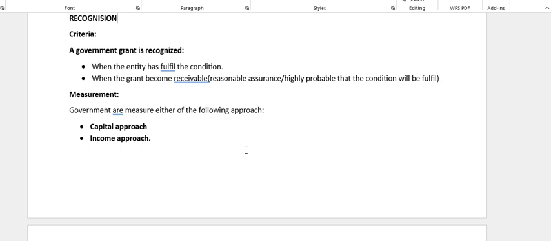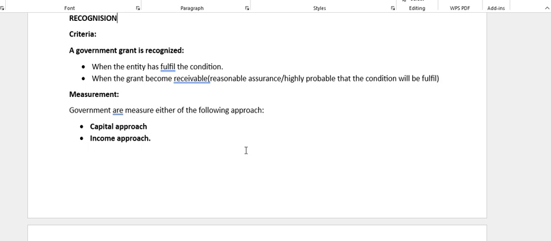Number two, the grant has become receivable. In other words, there is a high probability that the conditions for you to receive the grant have been fulfilled, or it's highly probable that you are going to fulfill that condition. That is that for that.